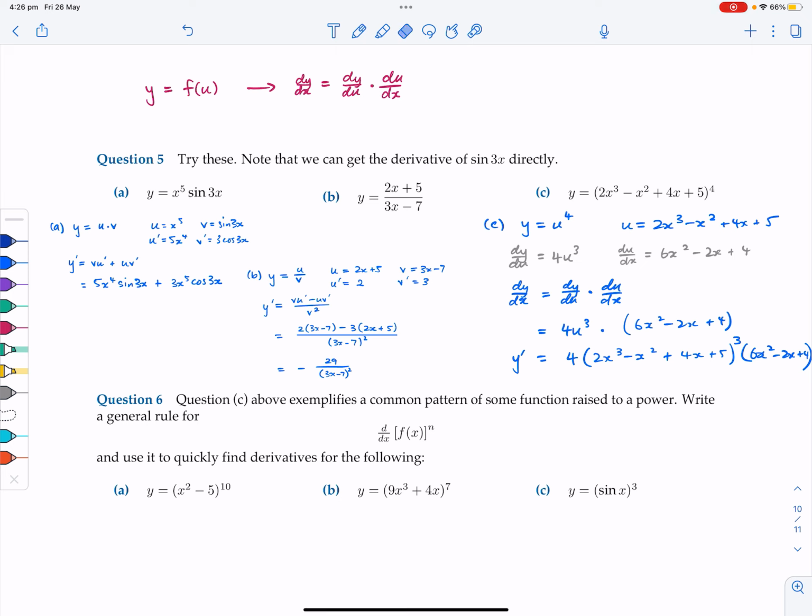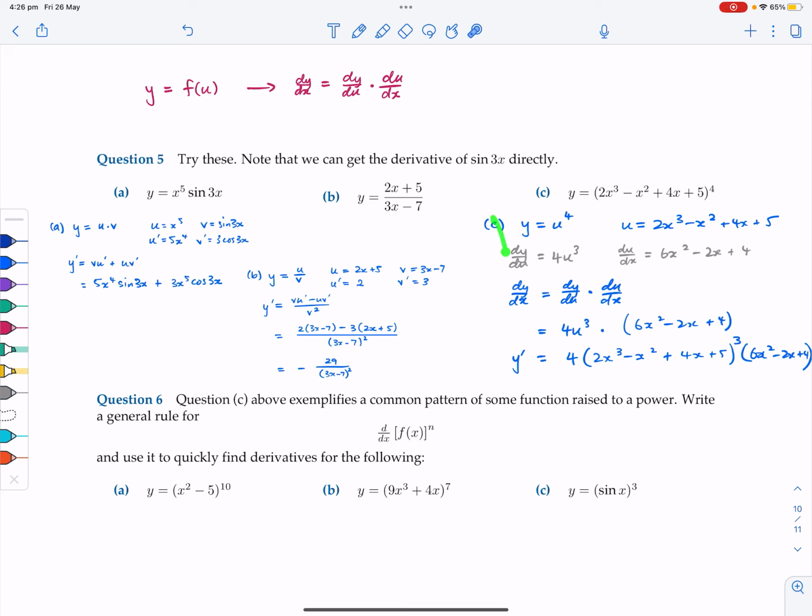If you were taught that to differentiate this, you just bring the 4 out the front and change that to a 3 and keep the inside the same, you'd probably believe it. So that's what this is. Seems reasonable. But to make it correct, you have to multiply by whatever the derivative of the inside is.